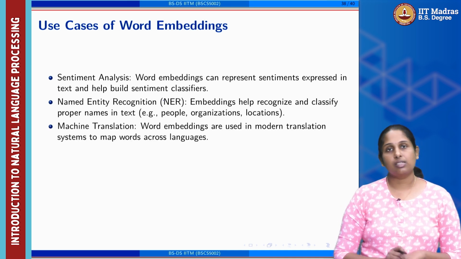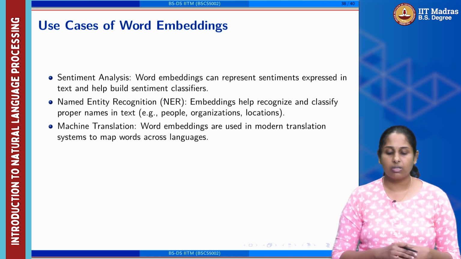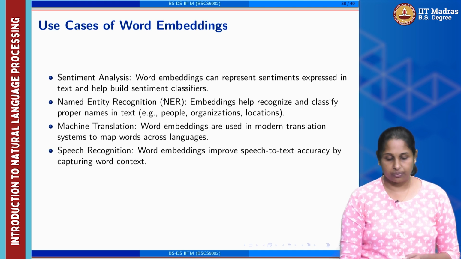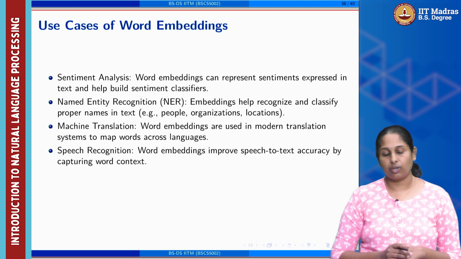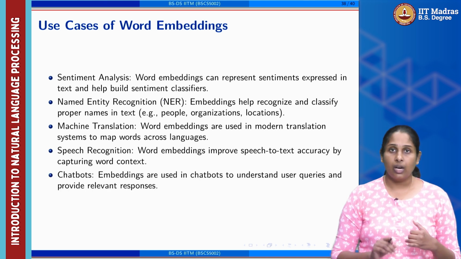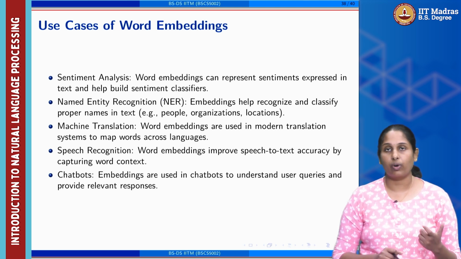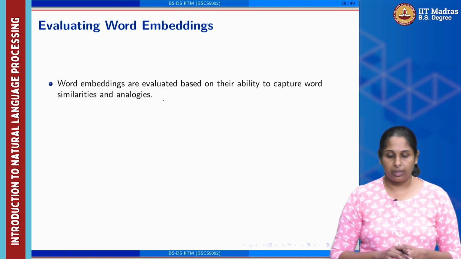In machine translation, it has been used especially in modern machine translation systems to map across languages. In speech recognition, it improves the speech-to-text accuracy by capturing the word context. And in chatbots, it's used to understand the user queries and provide relevant information, right. In all cases, embeddings are being used.